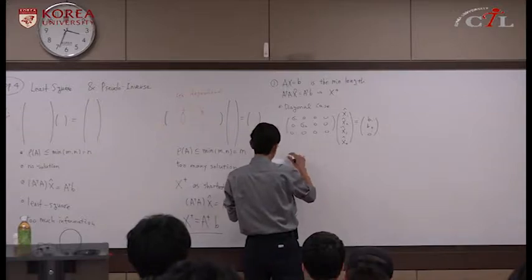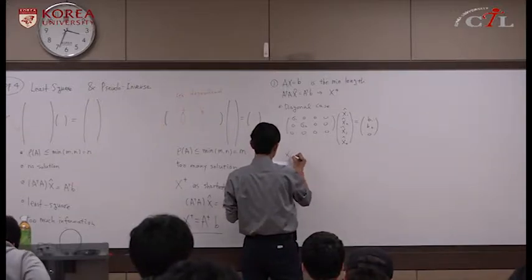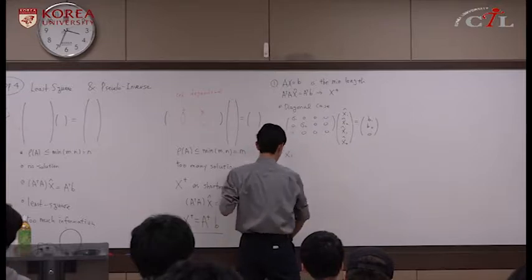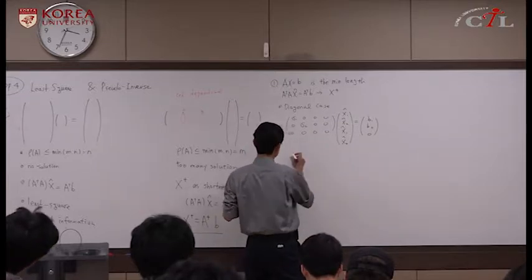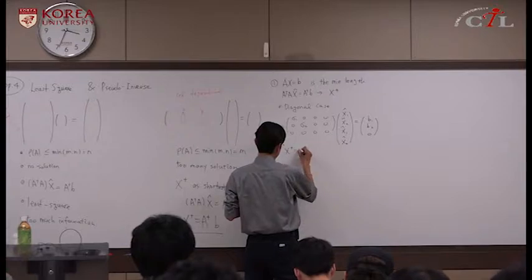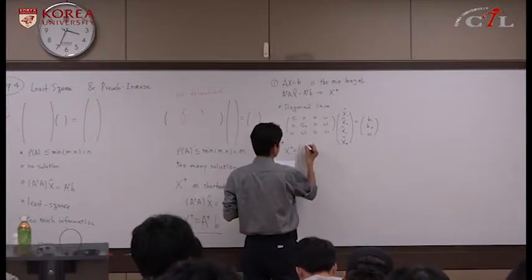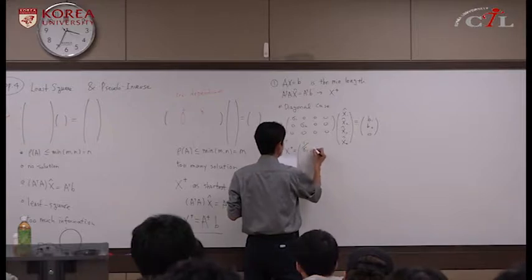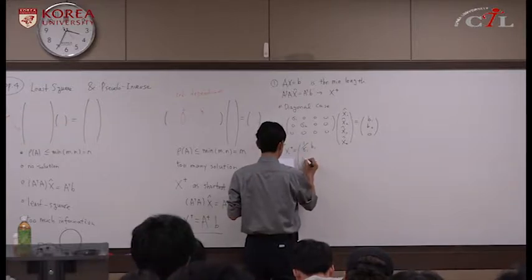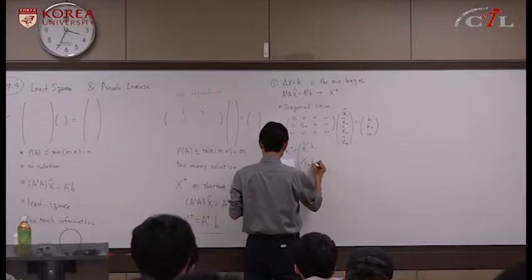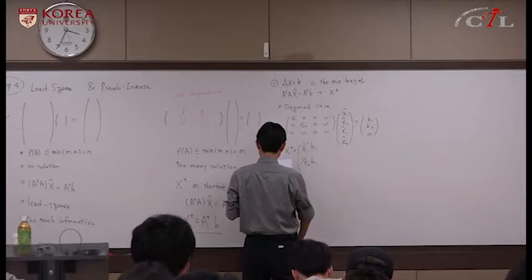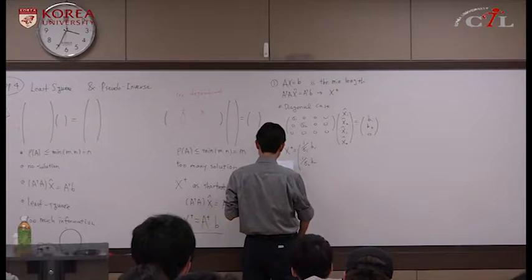Then our choice may be 1 by sigma 1 B1, 1 by sigma 2 B2, and nothing, nothing.